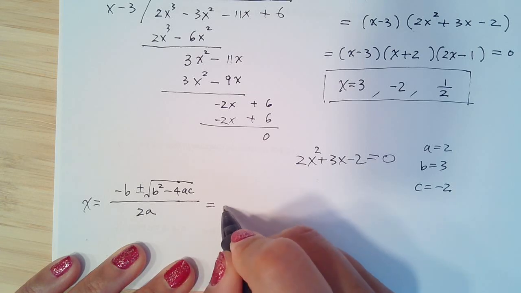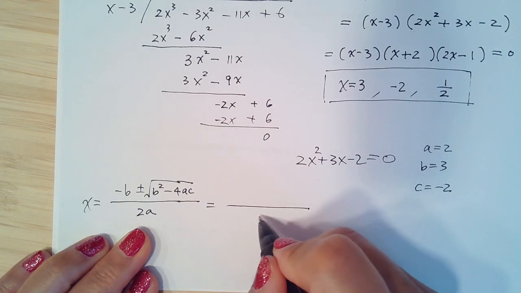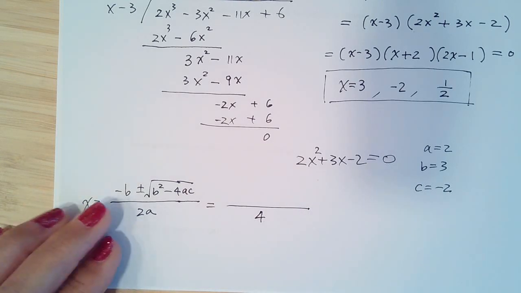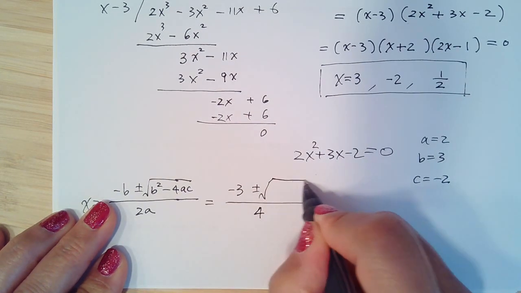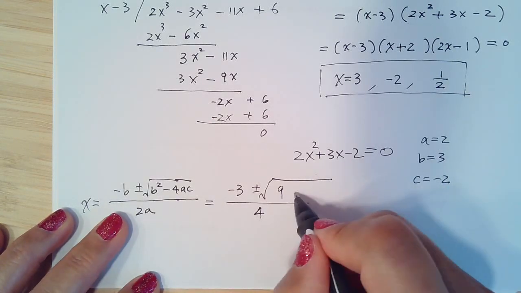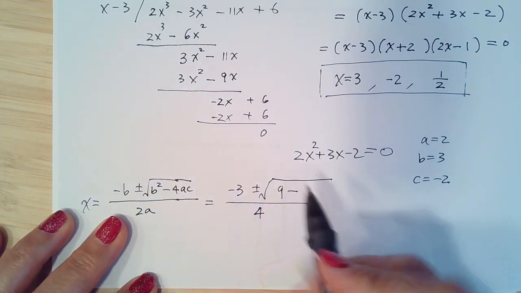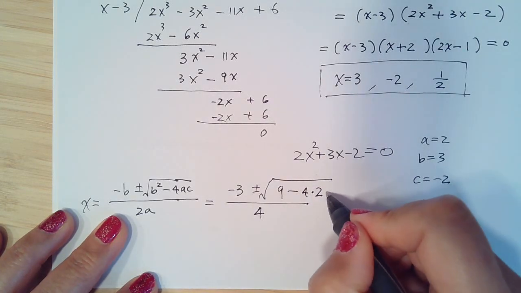So that will be, okay, 2a, which is 2 times 2, which is 4. And the negative b is -3, plus minus the square root of b squared, which is 9, minus 4ac. So that's 4 times 2 times -2.